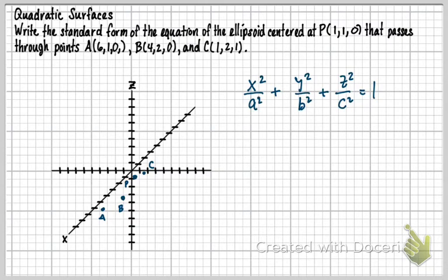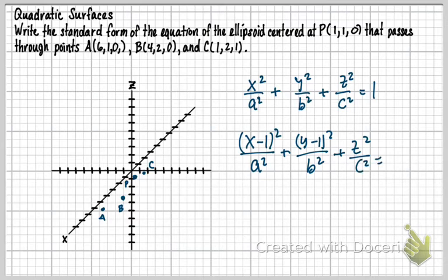But since my center now isn't 0, 0, 0, it's 1, 1, 0, that this is going to shift these. So this is going to be x minus 1 squared over a squared. And I'll talk about that 5 in a second here, but I'll draw that in there for now. And then for my y, that's going to be y minus 1 squared over b squared. And then my z stays as just z squared over c squared equals 1.